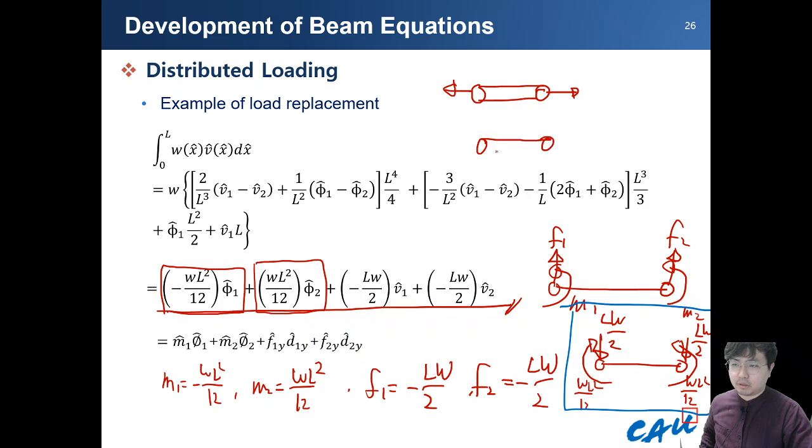However, in a beam element we can apply distributed forces, and at that time you can use the energy approach or work done method.